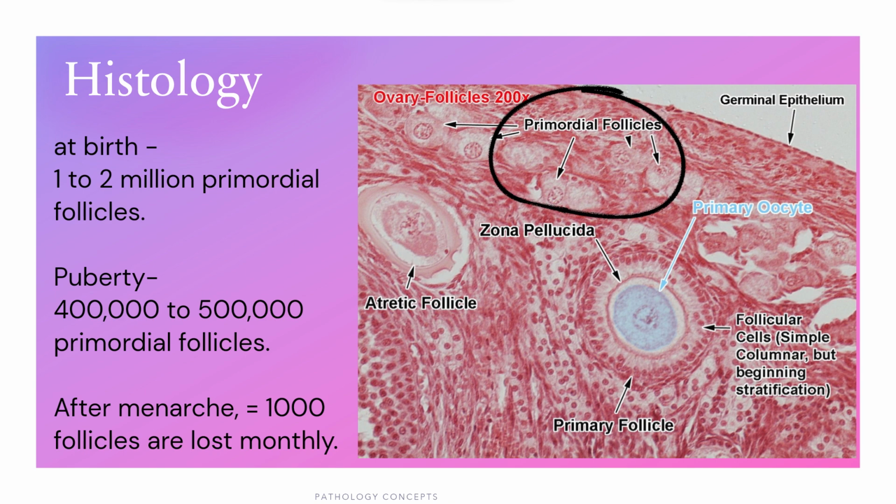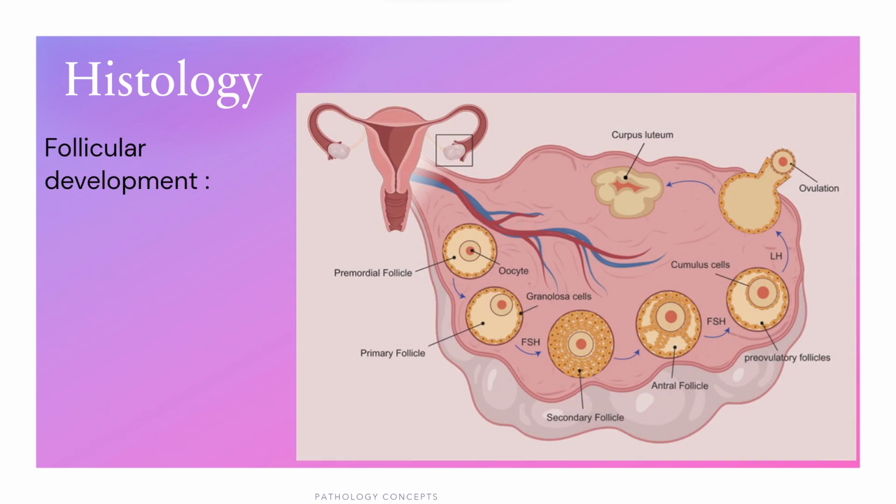By the time she reaches puberty, approximately 400,000 to 500,000 primordial follicles remain. After menarche, approximately 1,000 follicles are lost monthly, and after 35 years of age, the rate of follicular loss increases. Ovarian follicular development takes place in the peripheral cortex of the ovary.